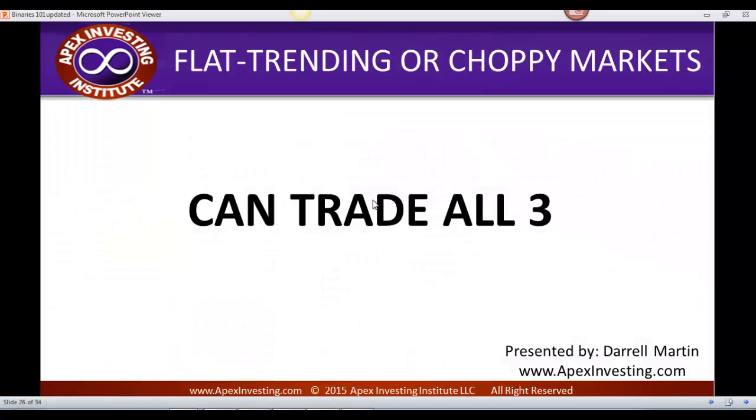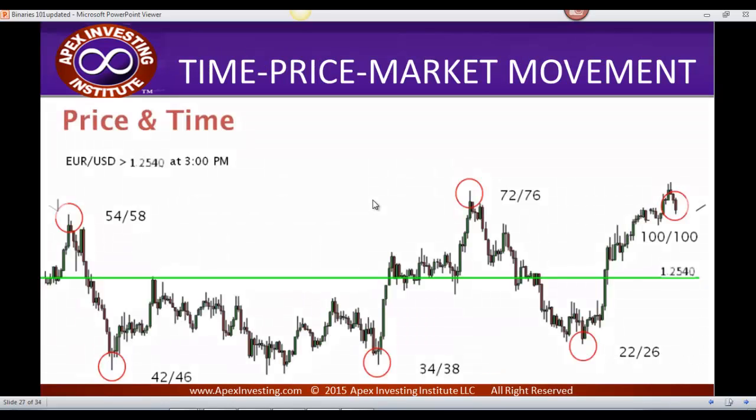So, flat, trending, or choppy markets, you can trade all three. Let me give you an idea of how the pricing works here. Okay, this can be a little confusing, but this will clear it up for you. Let's look at the euro dollar. Let's say the contract was the 1.2540 at 3 p.m. Okay, and so let's say that I'm planning on buying this contract.